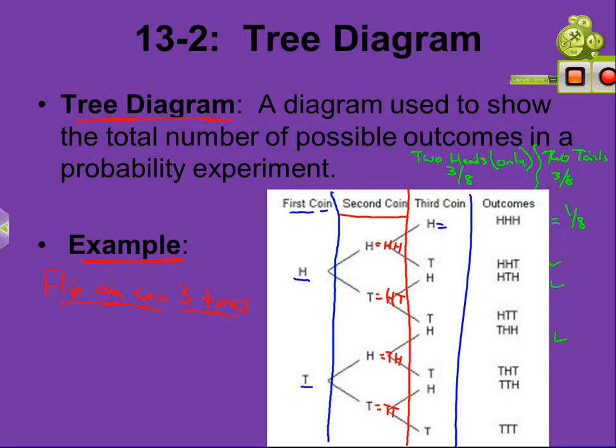That would be the other one, the 1/8 here and the 1/8 here. So that would be your difference. Because remember, the one that only has 1 tail is actually the one that has 2 heads. All right.